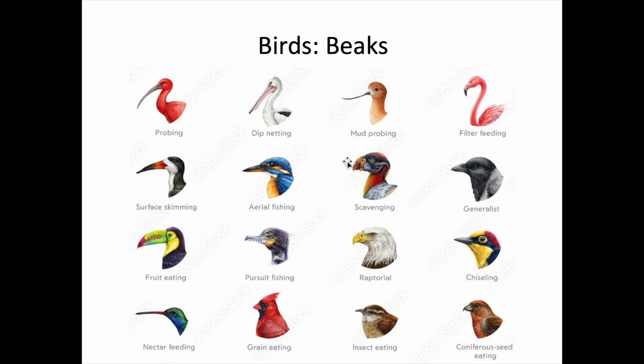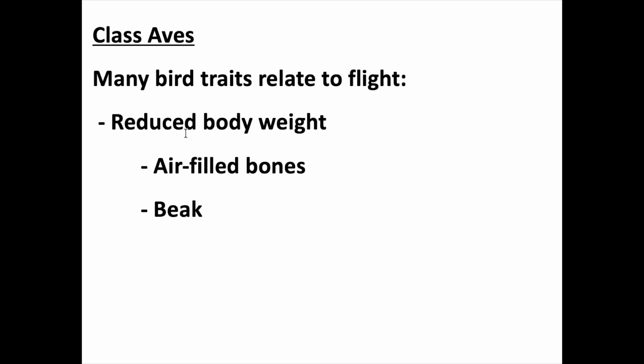But on the whole, these beaks are usually way less heavy than a jaw filled with teeth. So having a beak instead of a big jaw filled with heavy teeth is another way that weight can be offset. So reduced body weight includes air-filled bones and a beak.